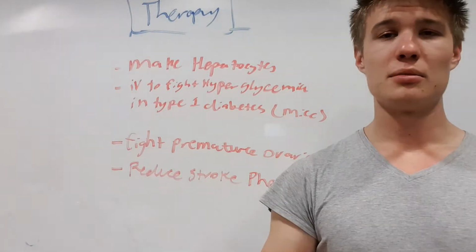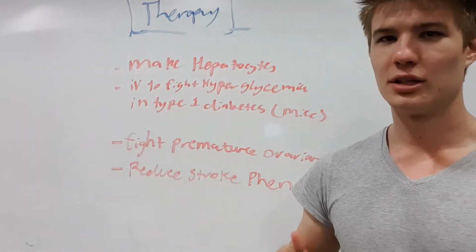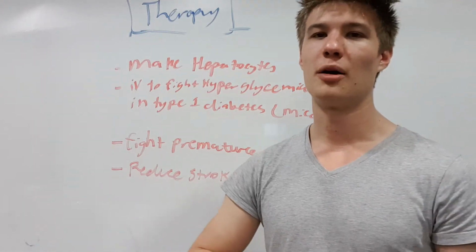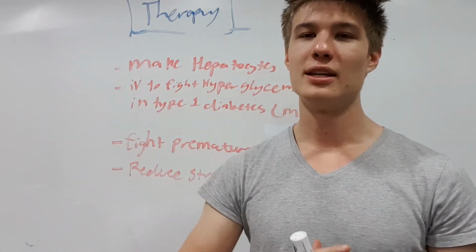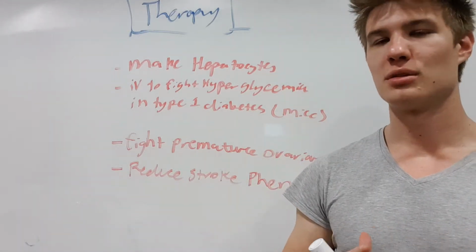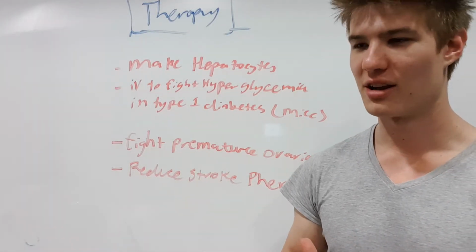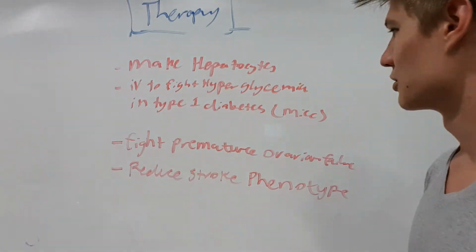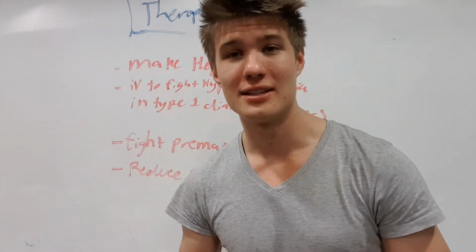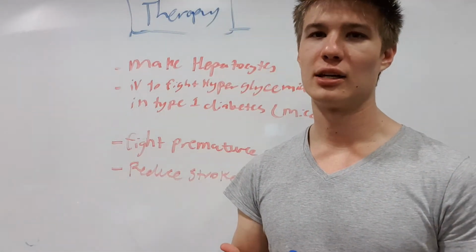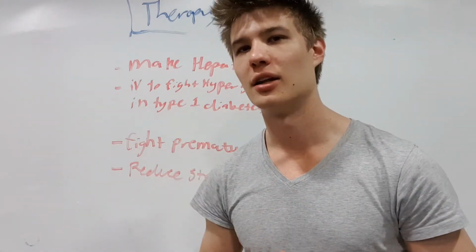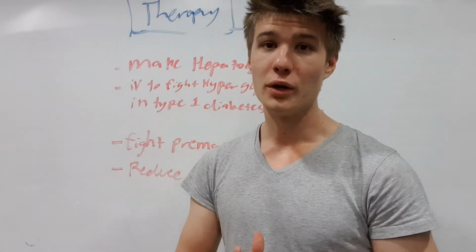We can inject them IV, which will help us fight hyperglycemia in type 1 diabetes in mice. We can use them to fight premature ovarian failure. And we can also use them to reduce the stroke phenotype. If they get into your brain, they can increase the functionality of stroke-damaged neurons, which is cool.